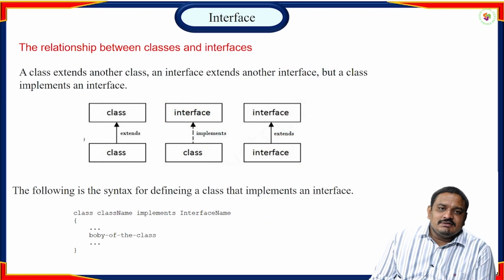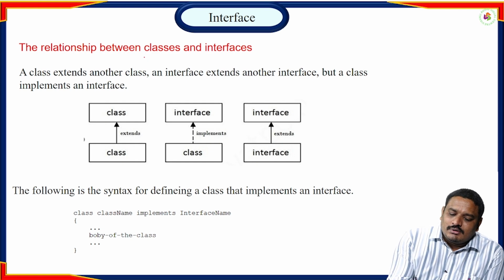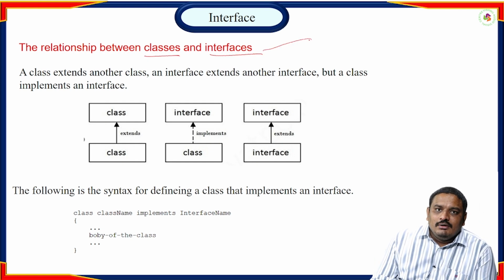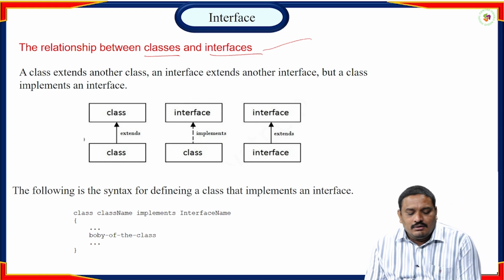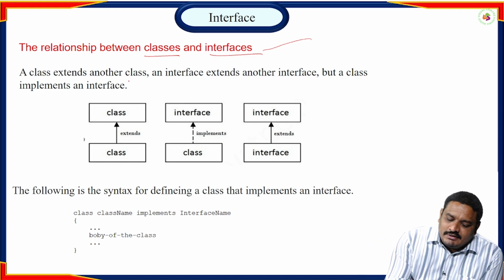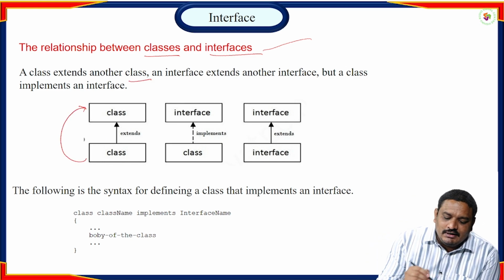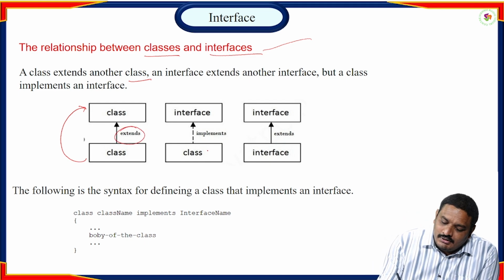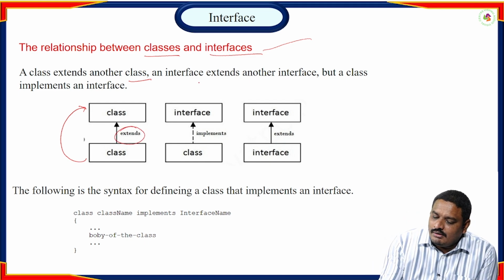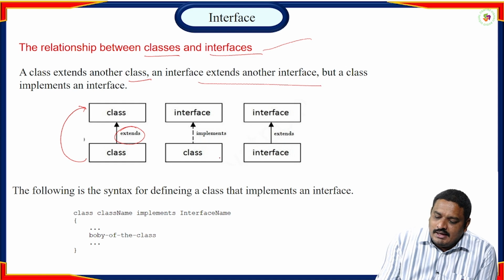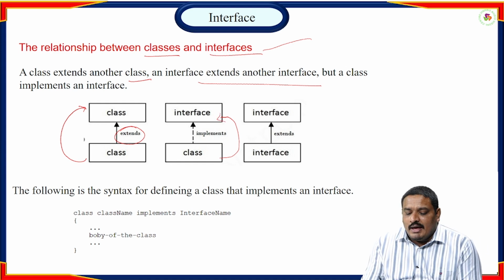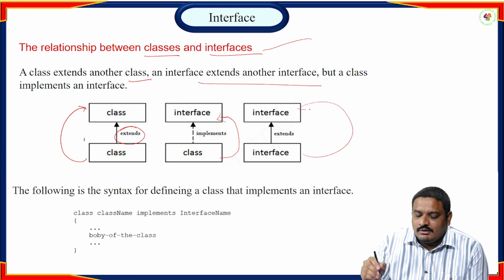What is the relation between classes and interfaces? A class can extend another class by using the extends keyword. A class can implement an interface, and an interface can extend another interface.